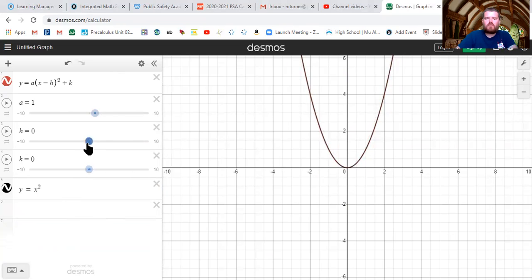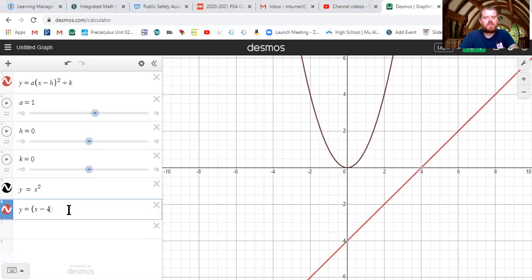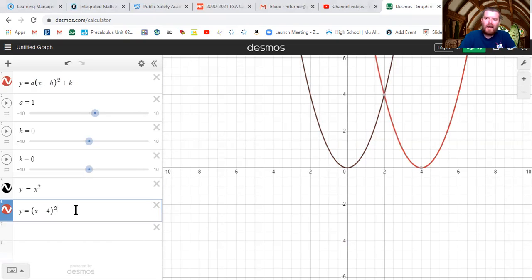Your h value is going to move it left and right. Now, the thing about the h that you have to be careful with is that the formula in vertex form is the opposite. It's x minus h. So if I, for instance, wrote y equals x minus 4 quantity squared, even though we're used to thinking of a minus as being to the left because of the number line, this is actually a positive 4.